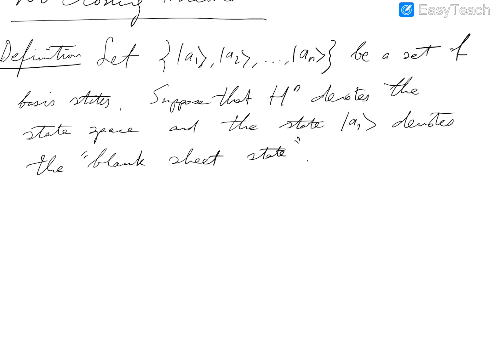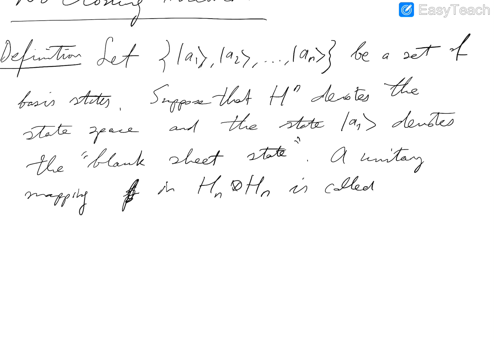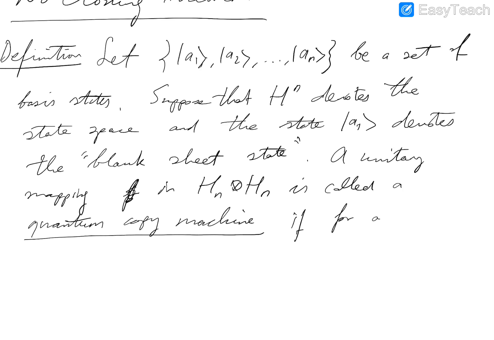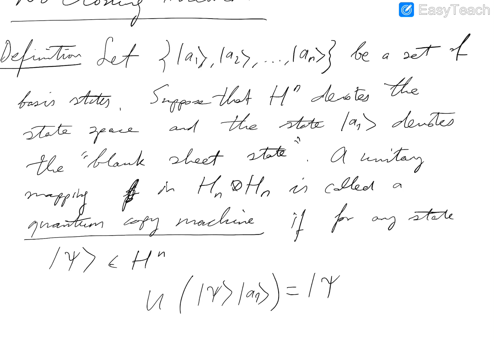Now, we say that a unitary mapping in Hn tensor Hn is called a quantum copy machine if for any state psi, U of psi A1 equals psi psi.